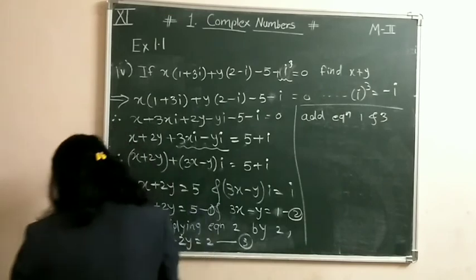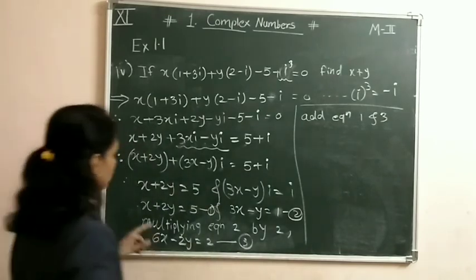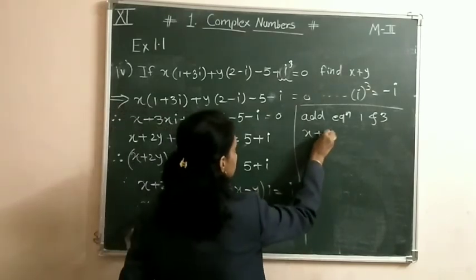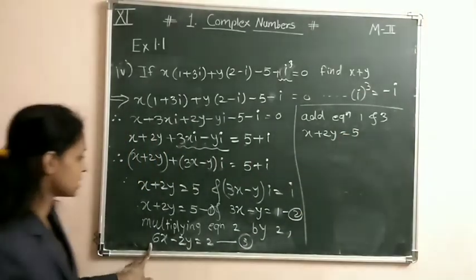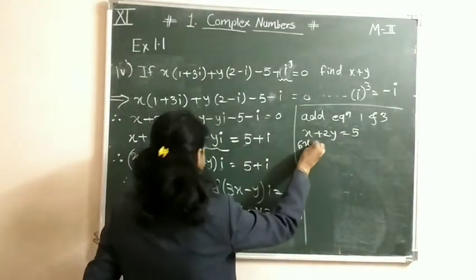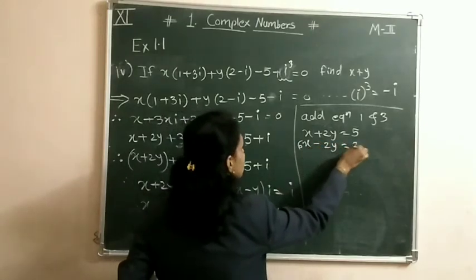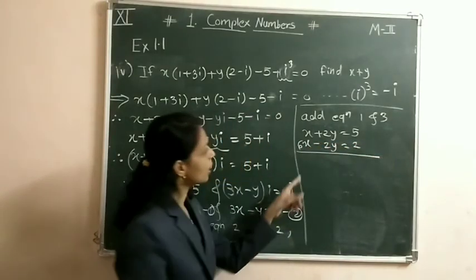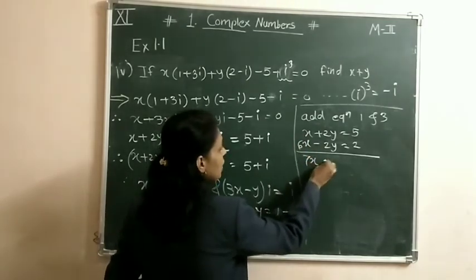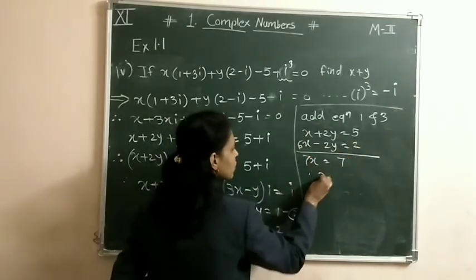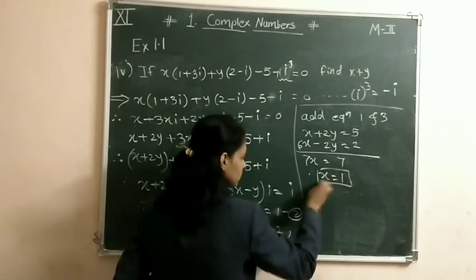What is the first equation? The first equation is x plus 2y is equal to 5, and the third equation is 6x minus 2y is equal to 2. Now see, 6x plus x, 7x, 5 plus 2, 7. Therefore, the value of x is 1.